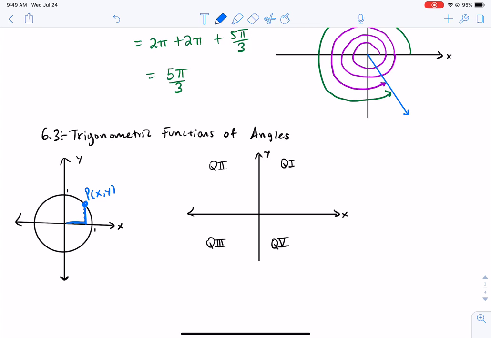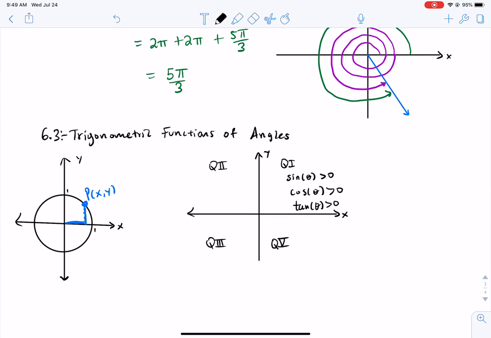So here sine theta is positive, and cosine theta is positive. As a consequence, tangent, which is sine over cosine, is also going to be positive as well.